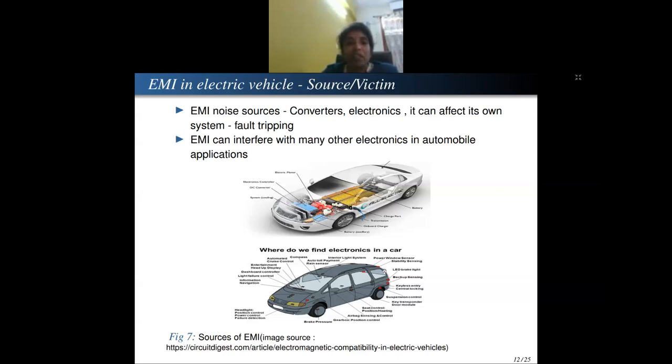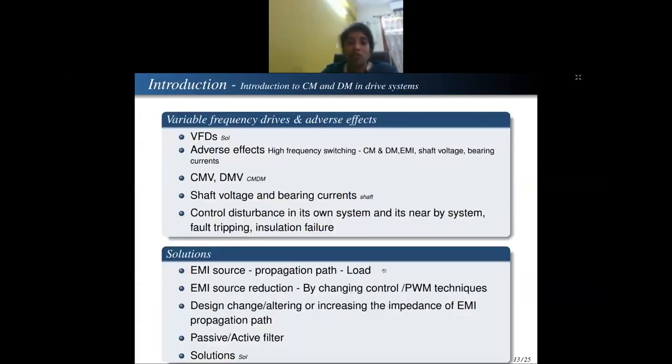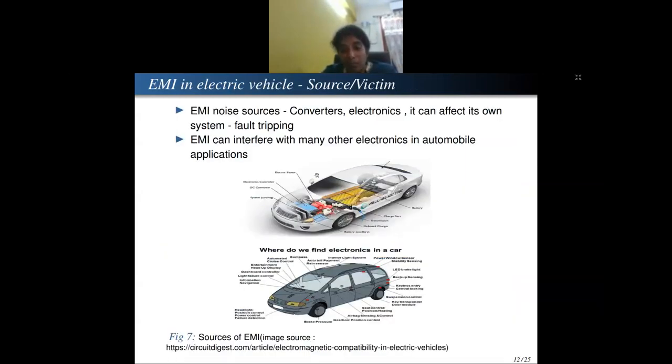Next, I'm going to go into only the propulsion unit, and in the propulsion unit, how we will further define what other problems there are and how we can reduce them. So I'm going to go a little deeper from now onwards.